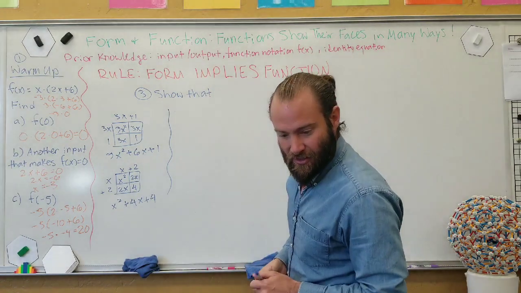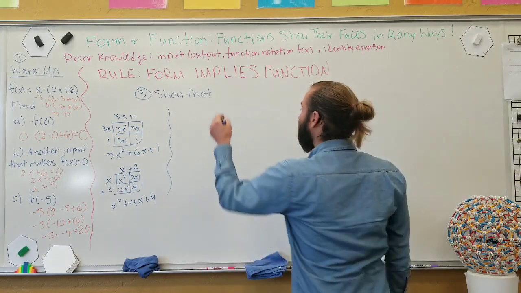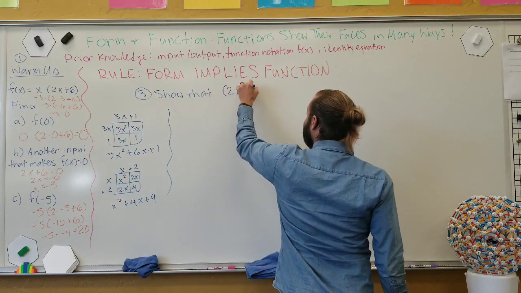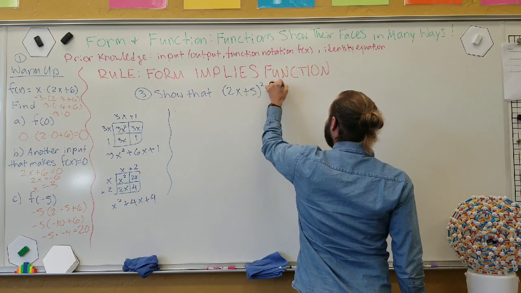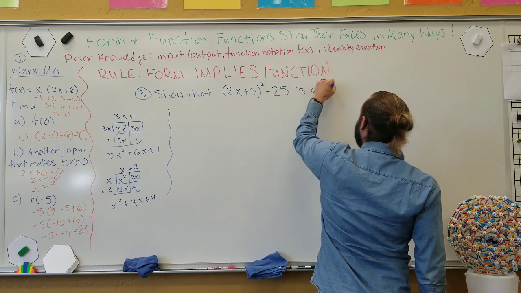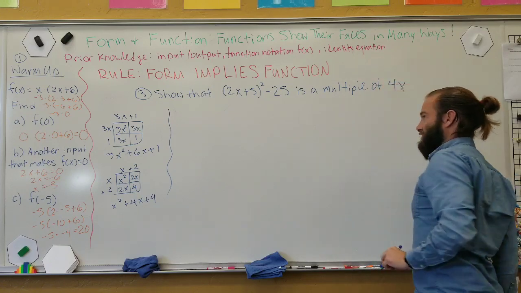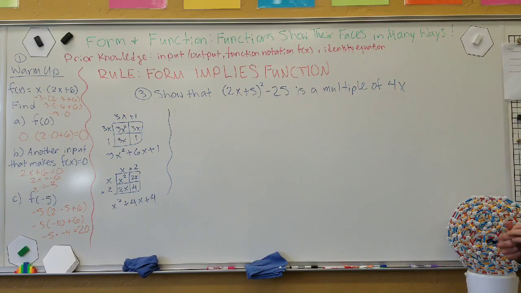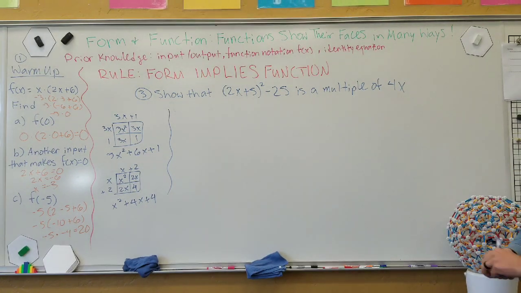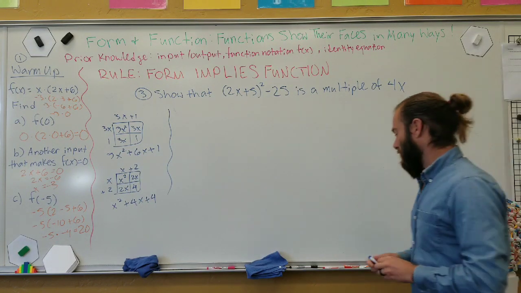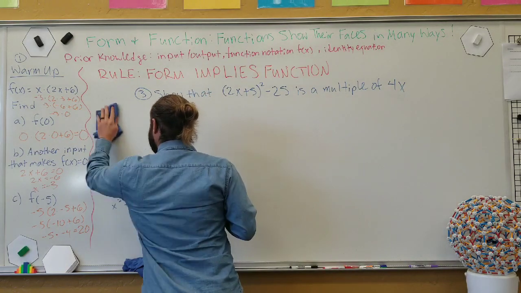Show that 2x plus 5 squared minus 25 is a multiple of 4x. Okay, so do that one again yourself, simplify it out, and show that it is 4x times something else. Okay, go. Let's look at it.